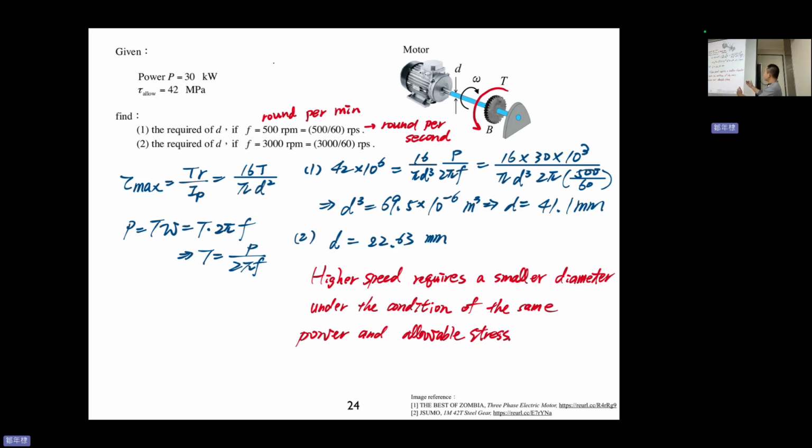Okay, that's it. Higher speed requires smaller diameter. Otherwise, it's more difficult to rotate, right? Okay, I guess that's it.